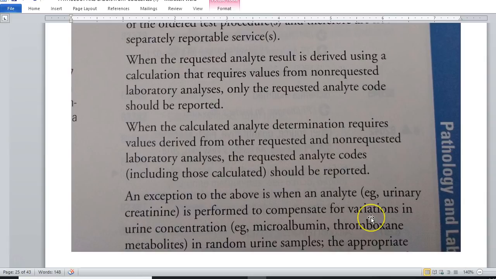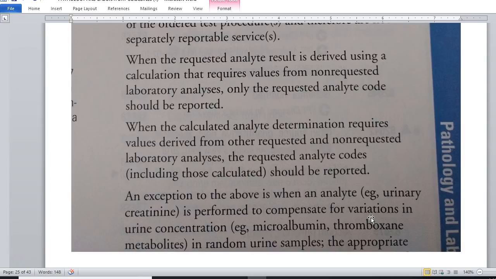Now, when the requested analyte results are derived using a calculation that requires values from non-requested laboratory analyses, only the requested analyte code should be reported. So again, when we're only looking for one thing, we're not looking for all of them. When the calculated analyte determination requires values derived from other requested and non-requested laboratory analyses, the requested analyte codes, including those calculated, should be reported.